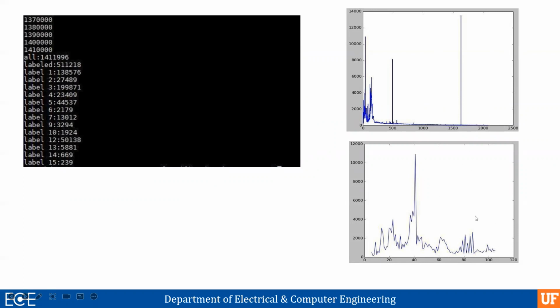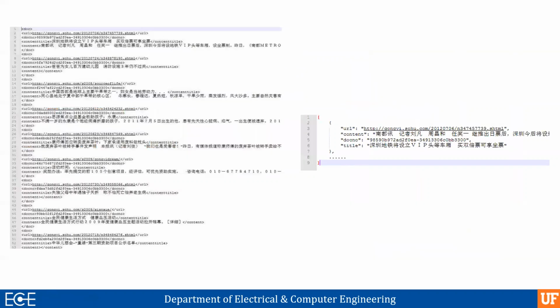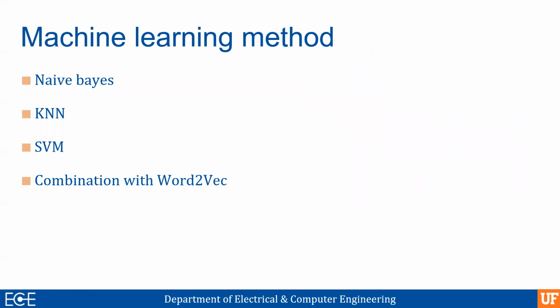So we just extract the top 100 words of each news, with its title. As we know, the title of the news always contains lots of information. Through these steps we successfully process our data, and then we can input our data to our model.